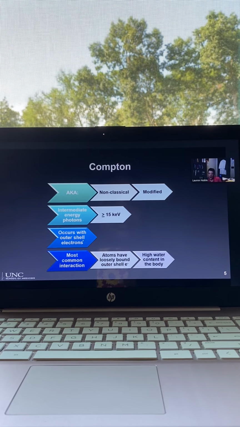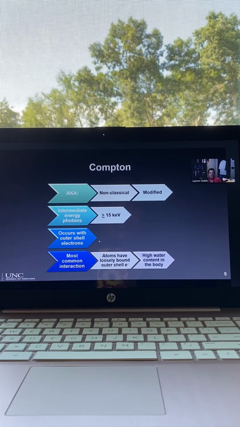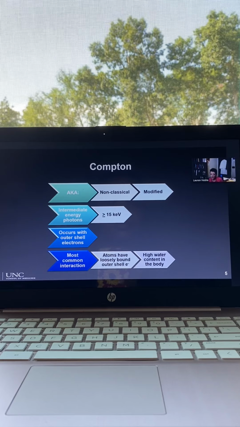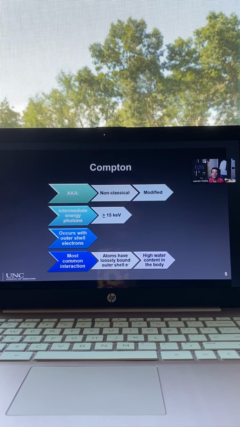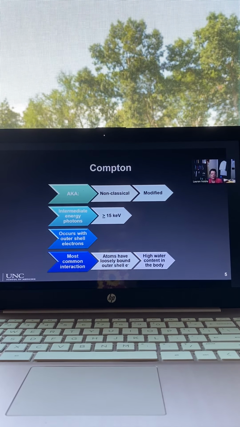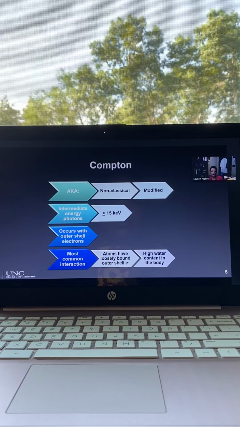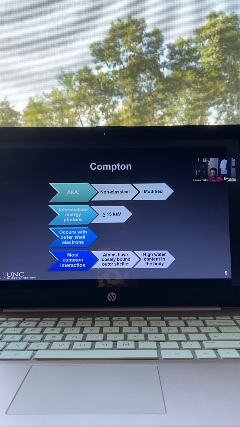It occurs with outer shell electrons, and the reason is because they're loosely bound. We talked about how loosely bound outer shell electrons just don't have a lot of binding energy to hold them in place. Because Compton occurs with outer shell electrons, it is the most common interaction that takes place in the human body.